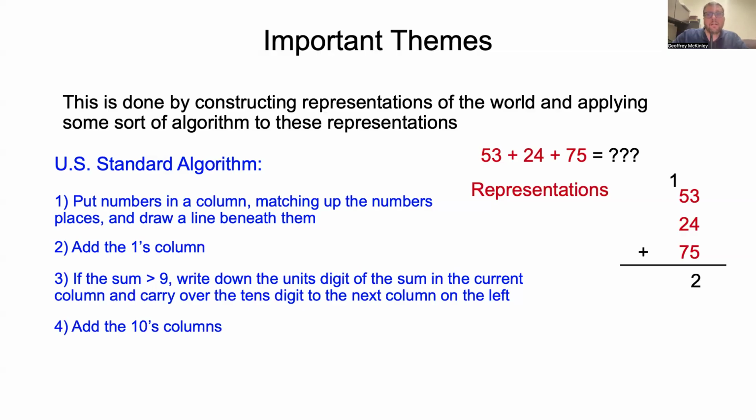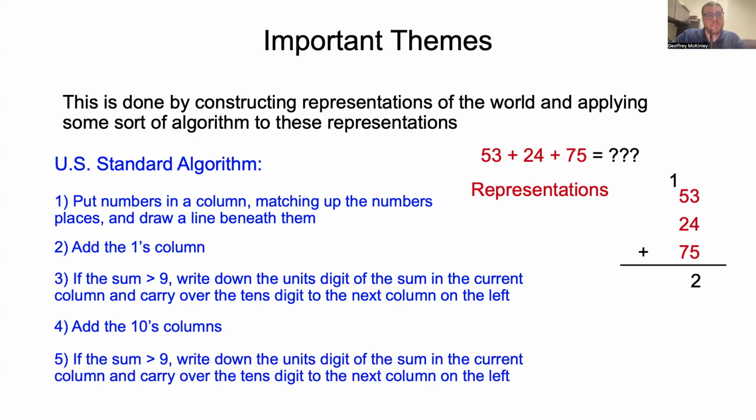And then we add the tens column. So 1 plus 5, that's 6. 6 plus 2 is 8. 8 plus 7, that's 15. Okay, so if the sum is greater than 9, which in our case it is, we write down the units digit of the sum in the current column and carry over the tens digit to the next column on the left. In this case, we just add them all up and it becomes 15. So then that's 152.